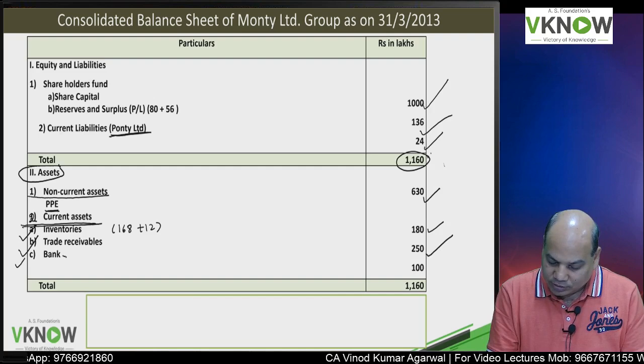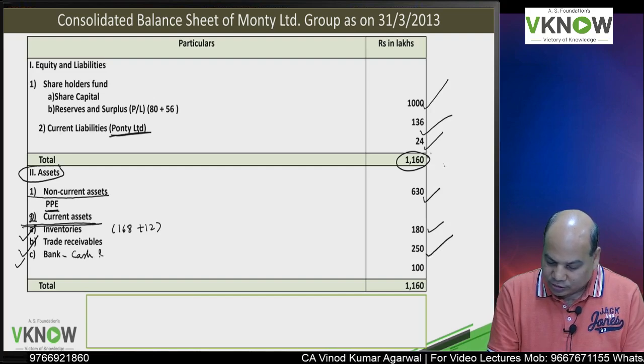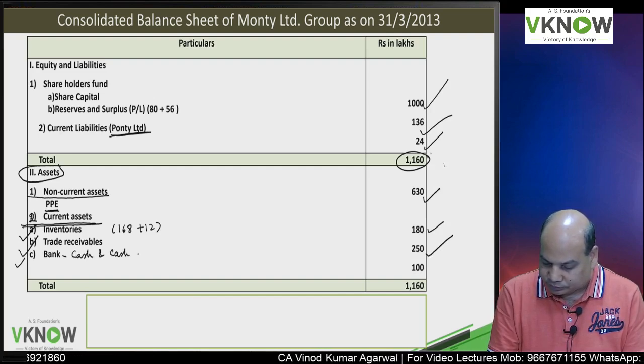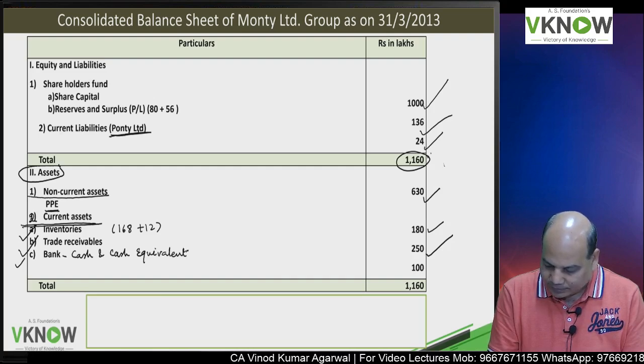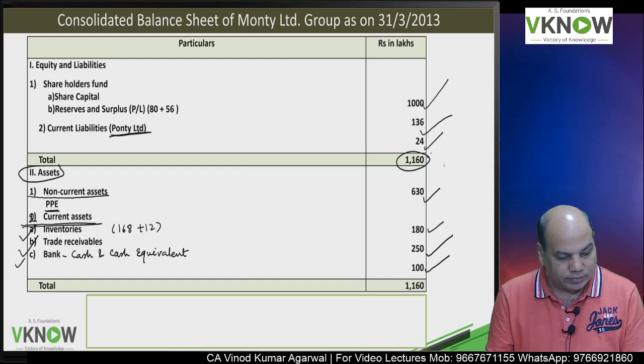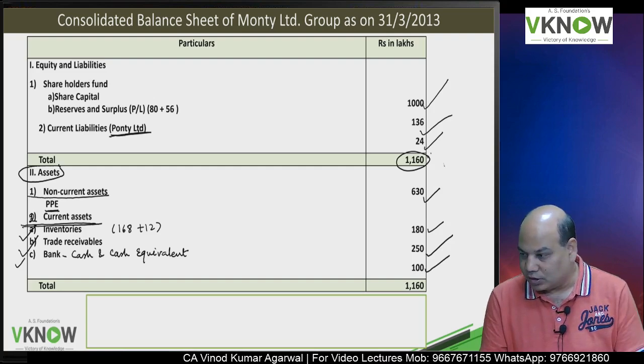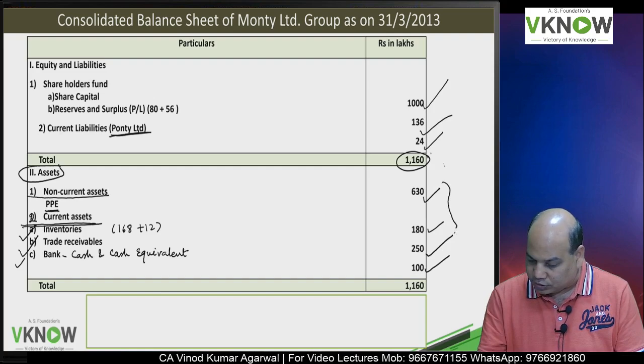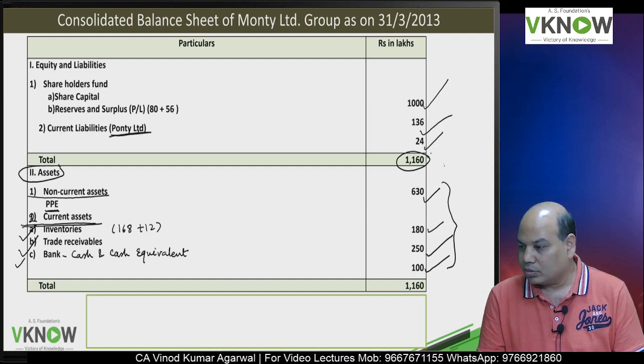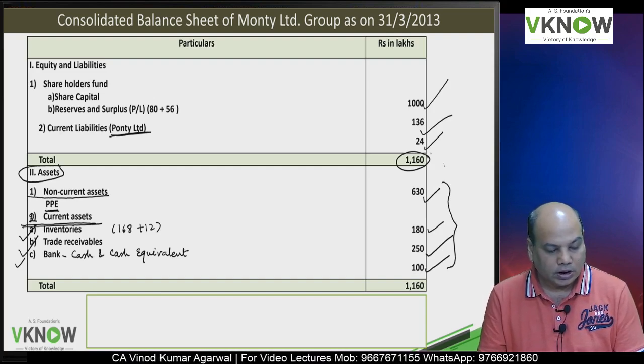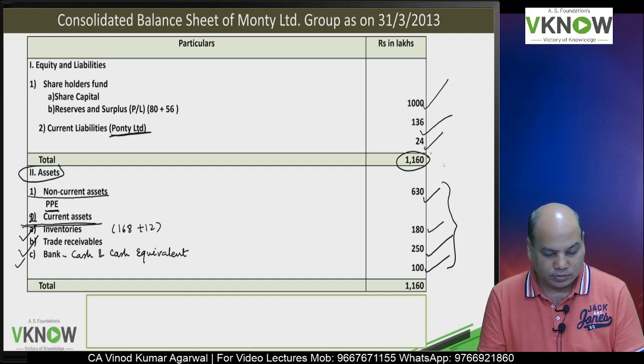Point C, bank. You can write cash and cash equivalent, 100. Therefore the total is 1160.